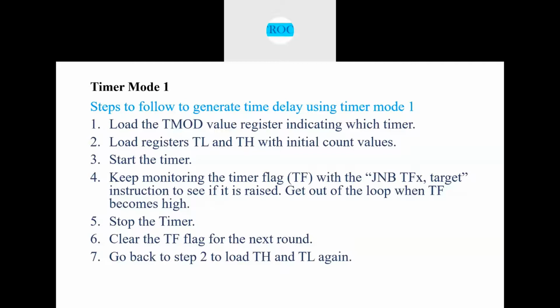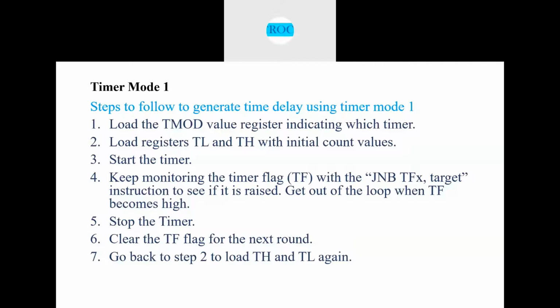If for some reason the TF flag was set, you make sure that you clear that TF flag before the next counting stage. Again, go back to step 2 to load TH and TL again, so that I can generate the time delay. Everyone understood this one?